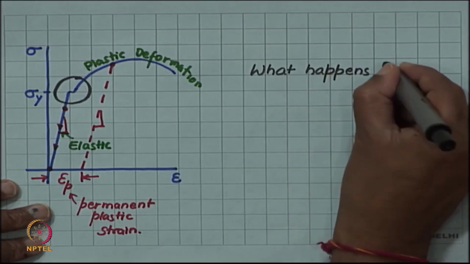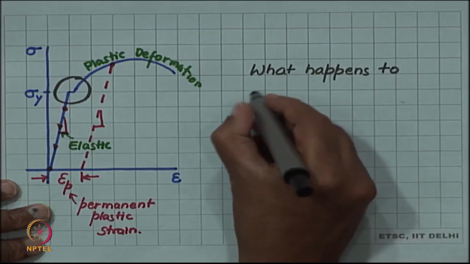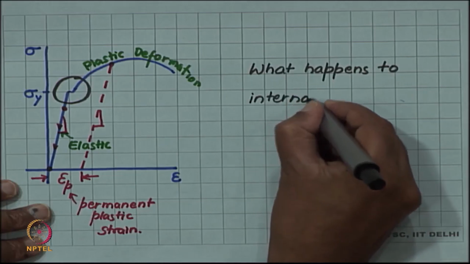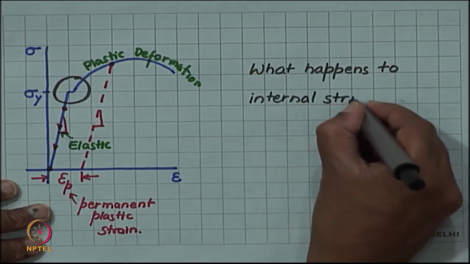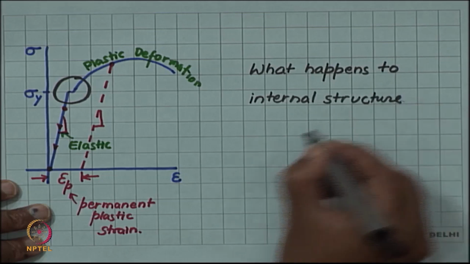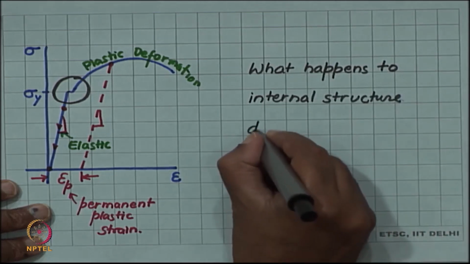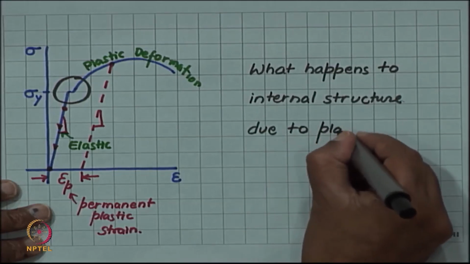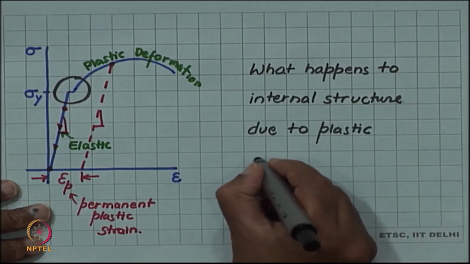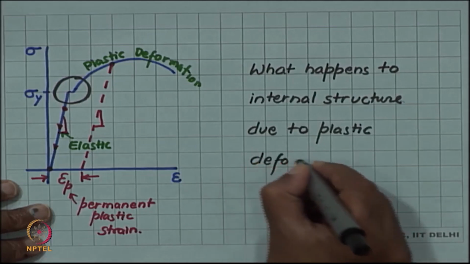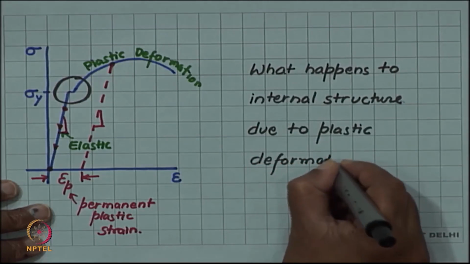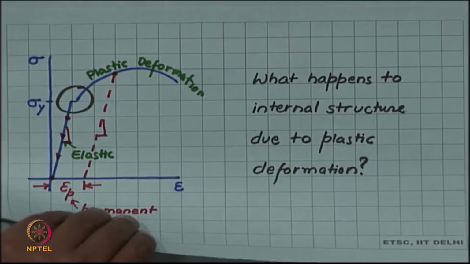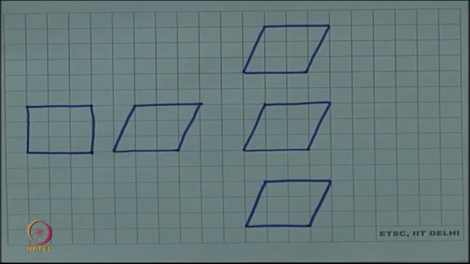What happens to the internal structure due to plastic deformation? Let me make my question a little bit more precise.